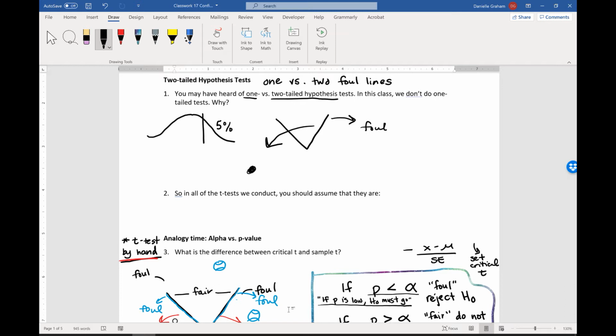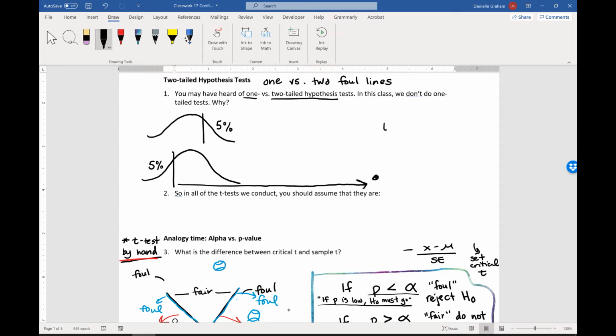Alternatively, we could have a one-tailed test where we set that foul line on the left-hand side and we say, okay, all of my 5% is over here. Doesn't matter where, it could land way out here and it would still be considered fair in this case, as long as it's not past that left-hand foul line. So that seems a little silly, doesn't it?